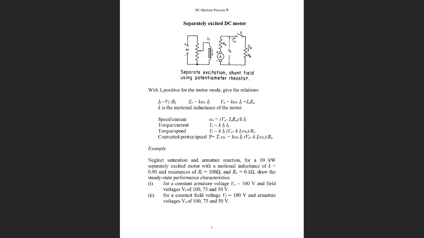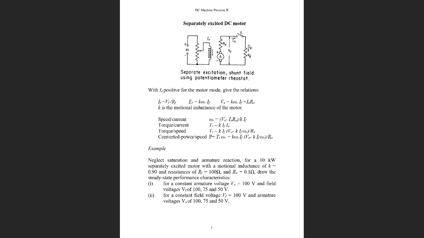First, we have a so-called equivalent circuit to represent the separately excited DC motor. Here, the left side is a typical field circuit, including a DC voltage source supplying the field coils. Generally we use a rheostat to control the field currents.